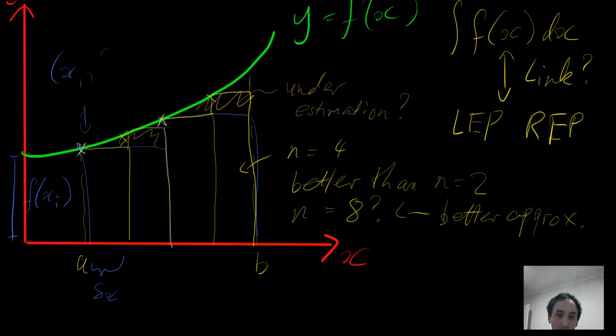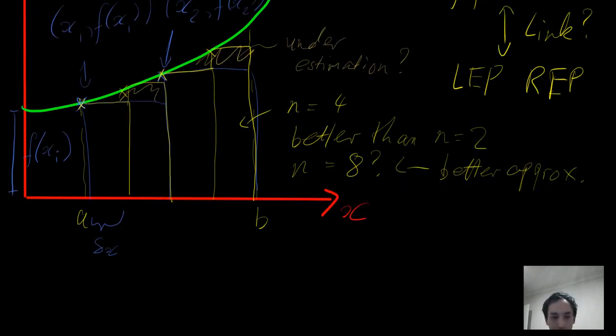So for example, over here, this is going to be x1, comma f of x1. And in the second rectangle, going back to the blue rectangle case, this is x2, comma f of x2. Okay, so if we want to find the area of one rectangle, then this is going to be f of xi multiplied by delta x.